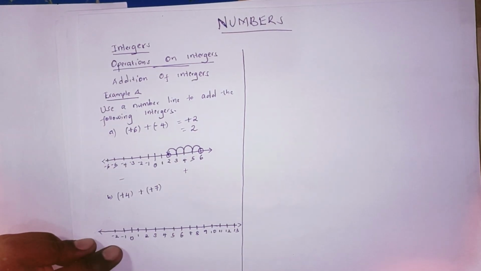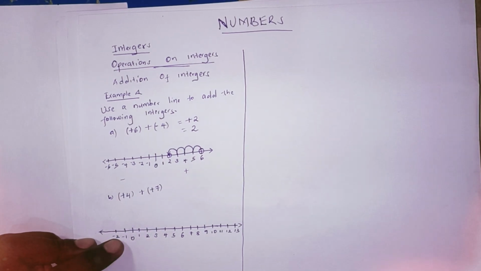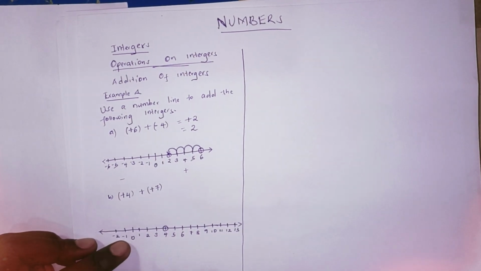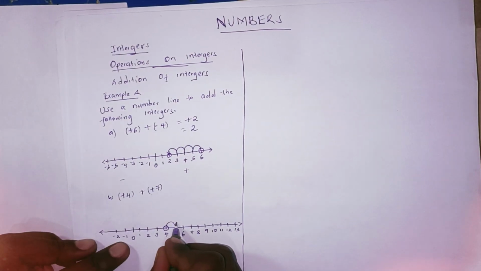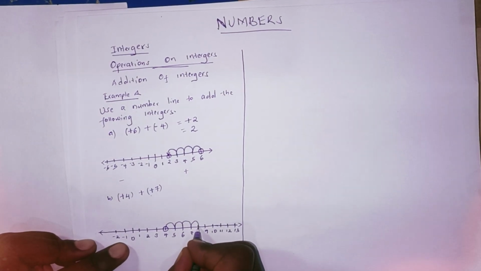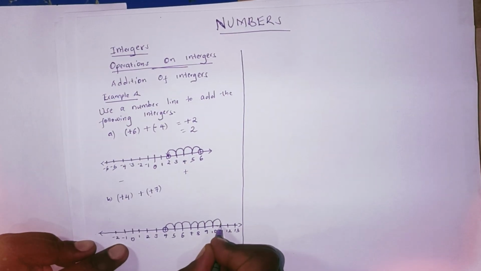In this case, you've been told to add +7 to +4. I'll stand at +4. Then I'll move 7 steps to the right. Why? Because it is positive. This is 1, 2, 3, 4, 5, 6, 7.